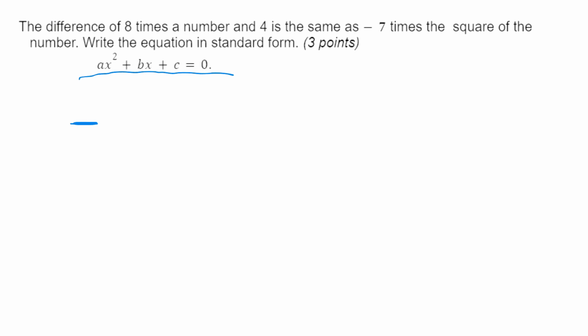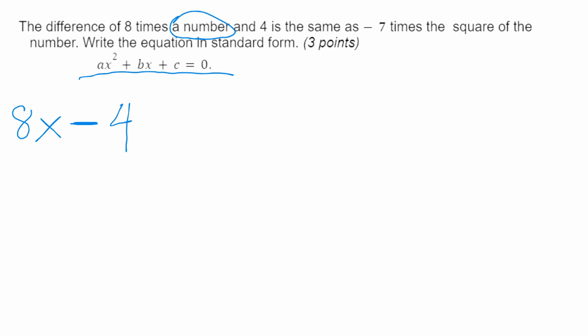This number is still unknown, so we can use a variable, and we can use our favorite variable, x. The difference of 8 times a number and 4.